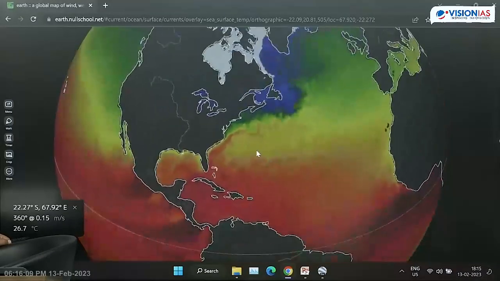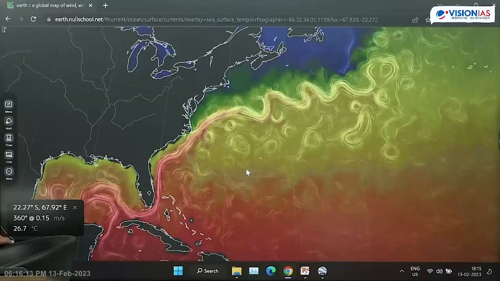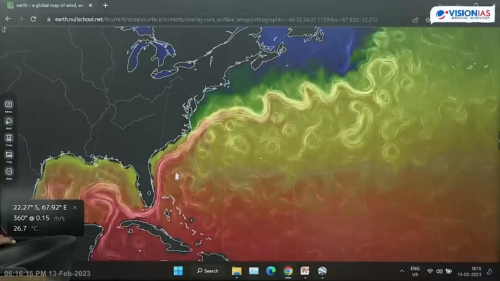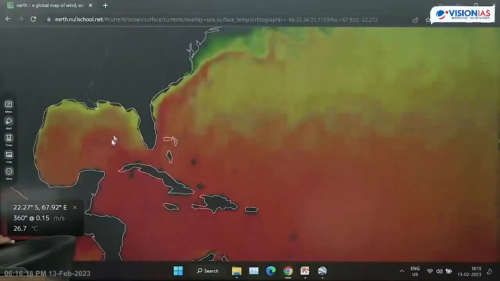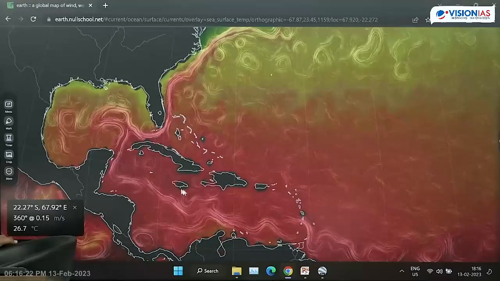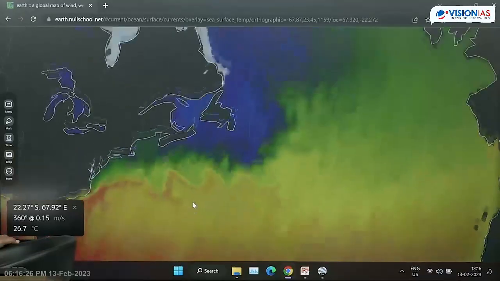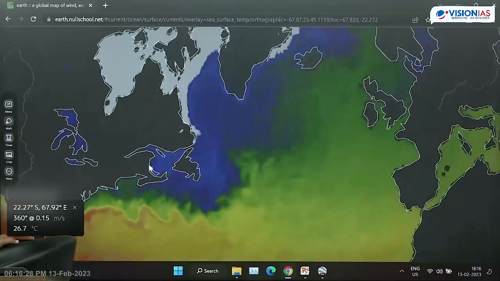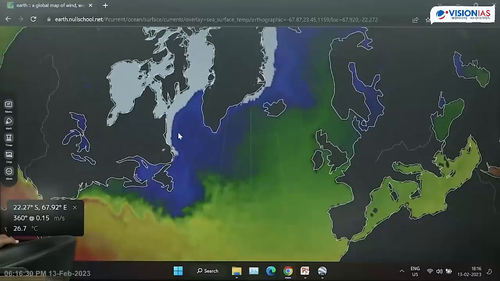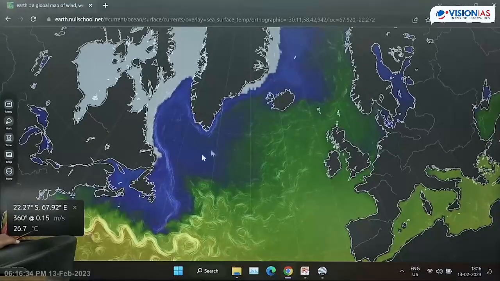ये वाला देखो हमारा Gulf Stream, right? It's very strong at this point of time. This is ये बाहर है, इसके अंदर जाके बाहर आया था ना, this Florida current. And here you can see this Labrador current. Labrador current is here. So this is East Greenland current.